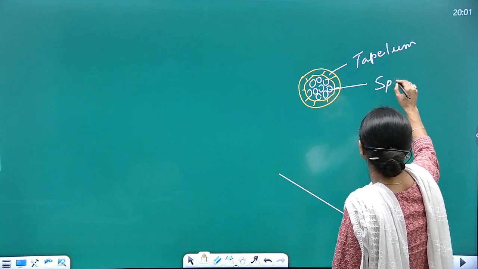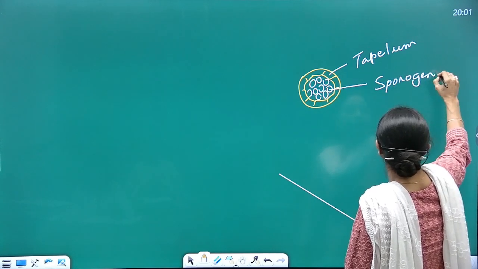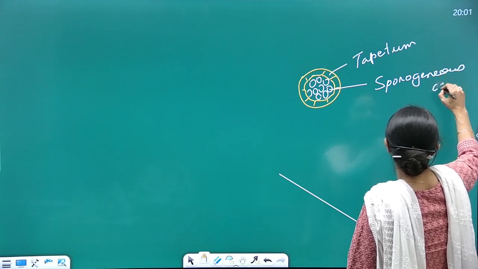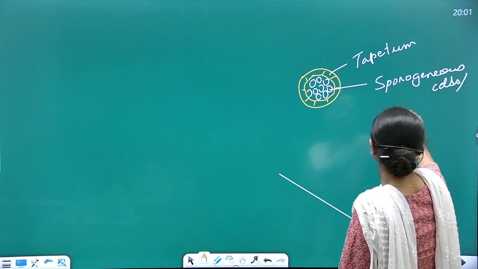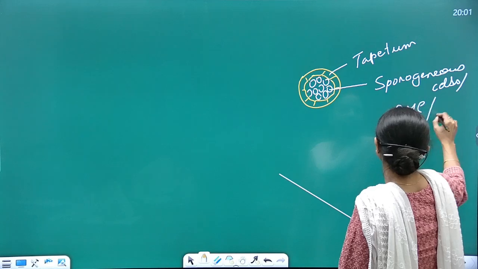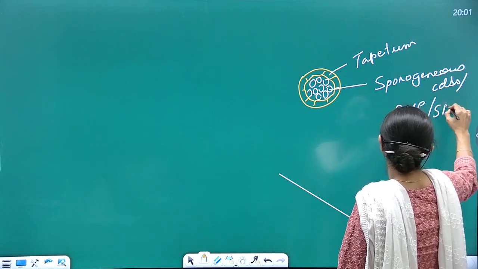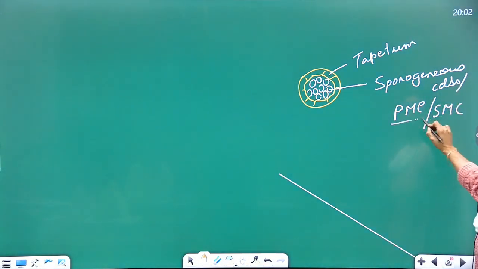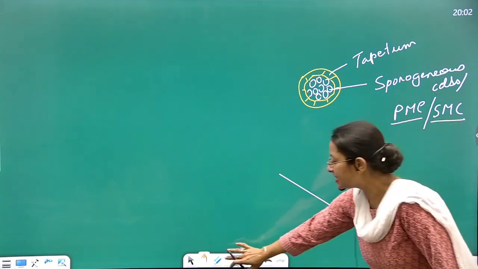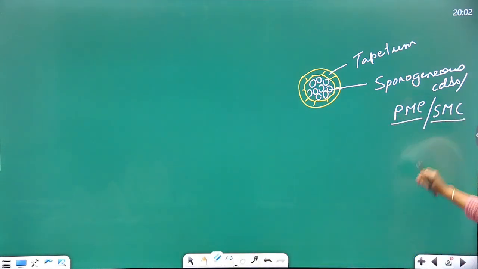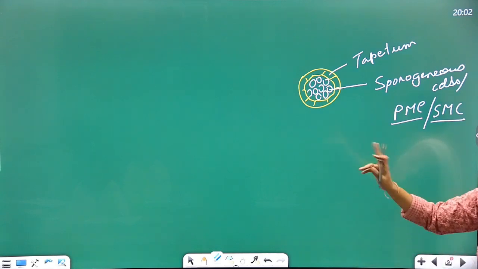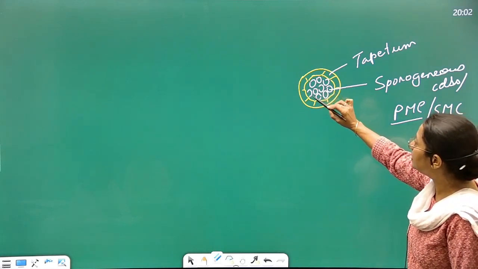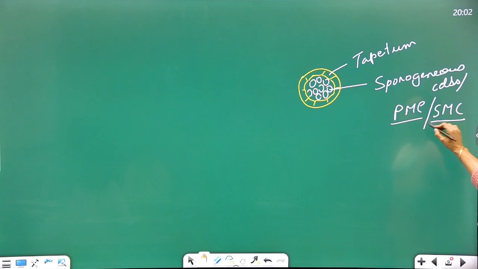Sporogenous cells, or we have new names now. What can we call sporogenous cells? Pollen mother cell or spore mother cell, we wrote earlier, they mean the same thing, right? So what we'll discuss is that each of the cells inside, what can we call them?